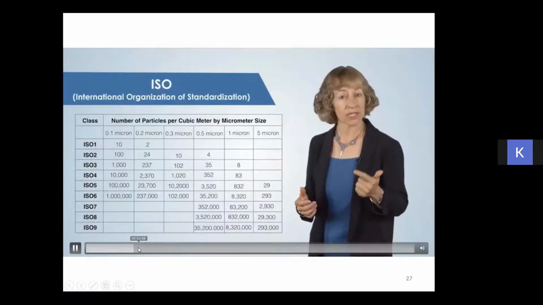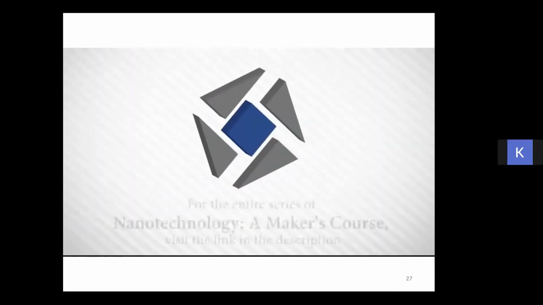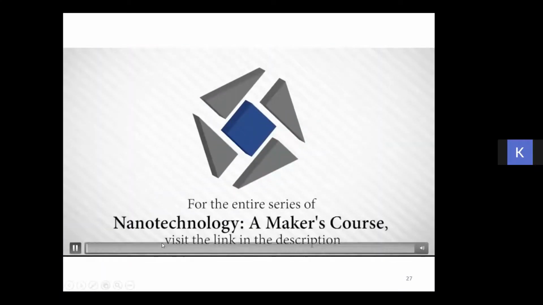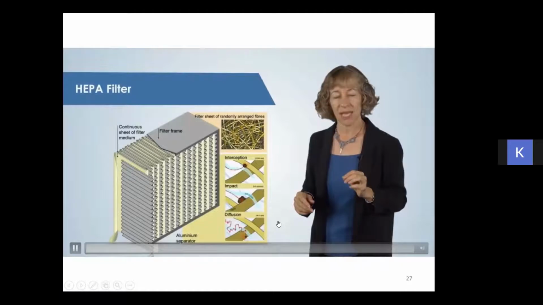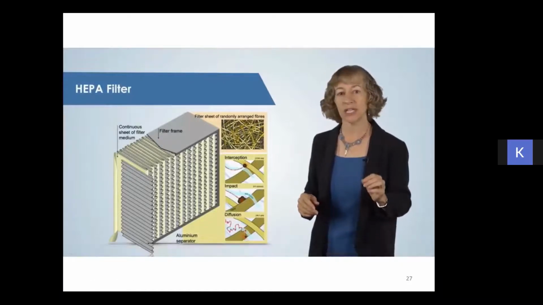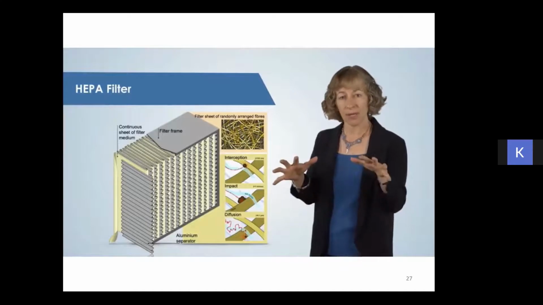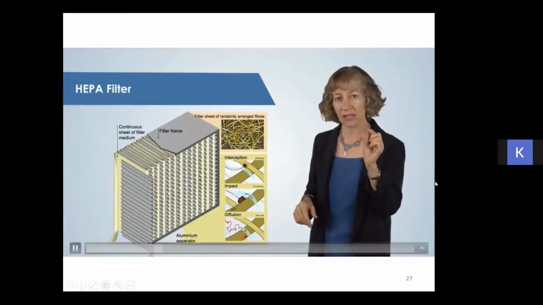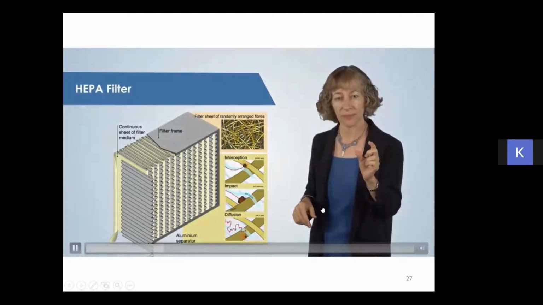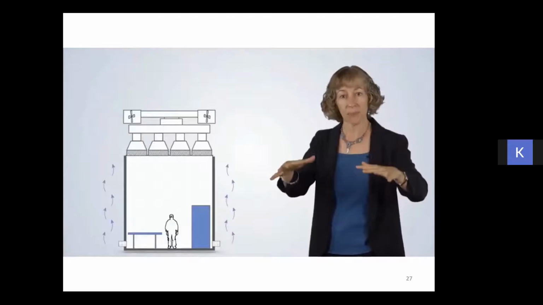So this I can skip because you have seen it earlier. These are the HEPA filters, and these mainly trap all the particles which are above 0.3 micron.